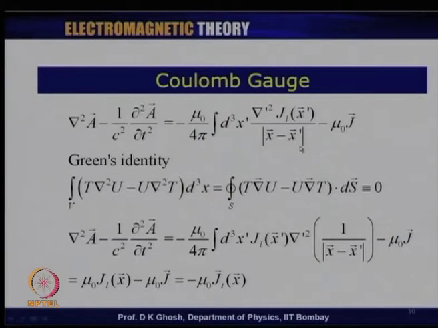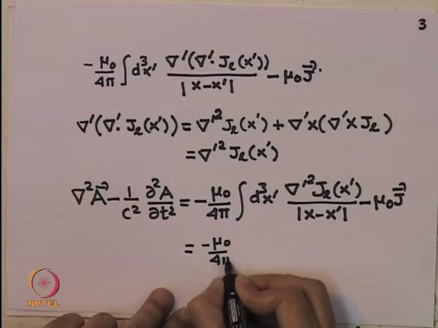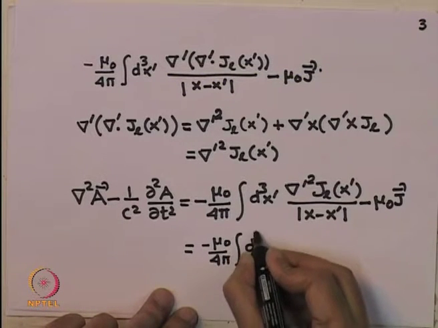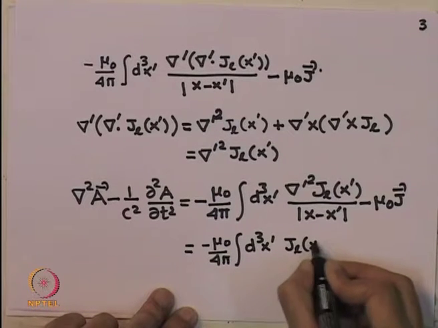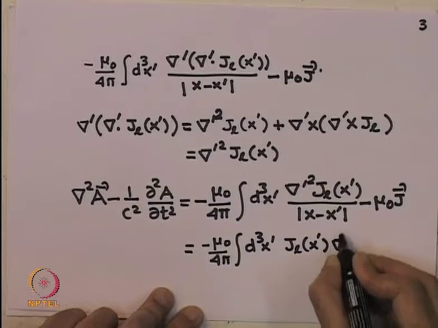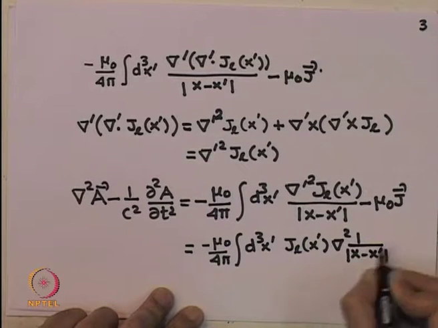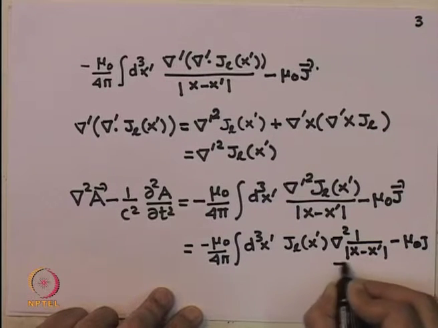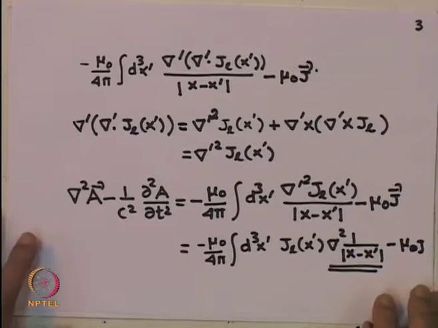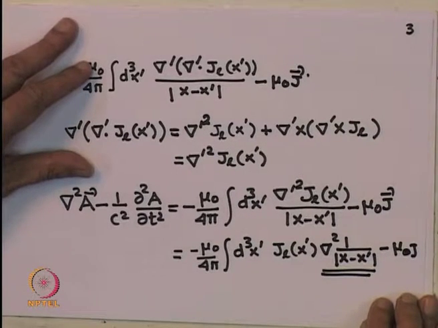Now, once I do that, it is minus mu 0 by 4 pi integral d cube x prime j longitudinal of x prime del square of 1 over |x minus x prime|, minus mu 0 j. And we have repeatedly said that del square of 1 over |x minus x prime| is minus 4 pi times a delta function.